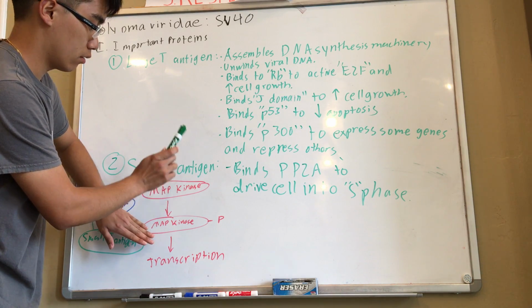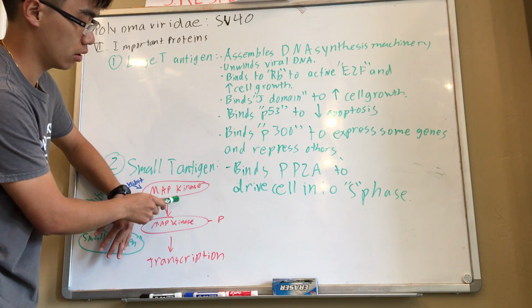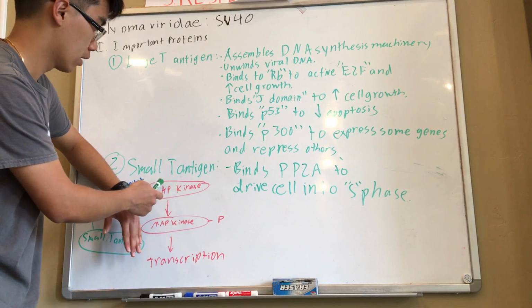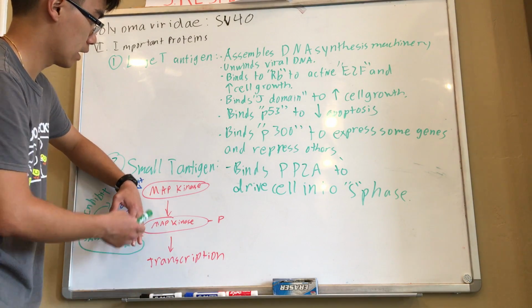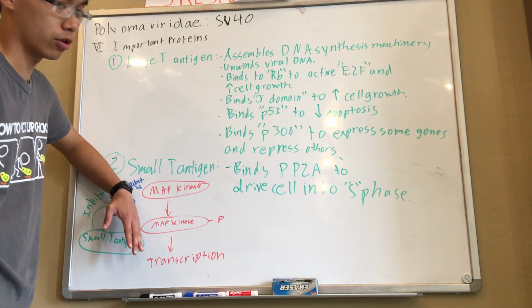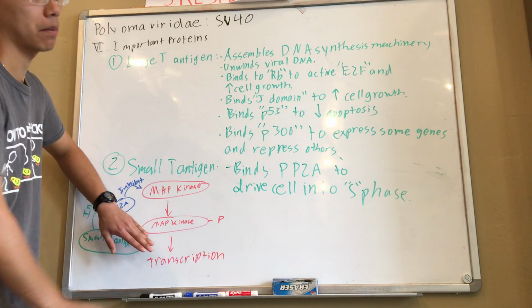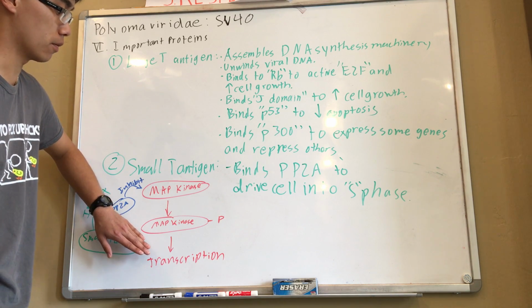Now, MAP kinase without PP2A will get phosphorylated and you get transcription, you get cell growth, and synthesis of cellular RNA. So in order to control that, the cell has something called PP2A to bind to the MAP kinase, so that you don't get unnecessary RNA transcription.